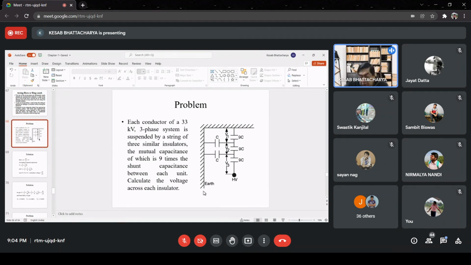Can you try this problem yourself? Similar to the previous problem. Here m is equal to 9. So you express V3, V2 in terms of V1, and V1 plus V2 plus V3 will be equal to 33 by root 3. 33 kV is the line voltage. You have to find the phase voltage first, because V1, V2, etc. are with respect to ground.